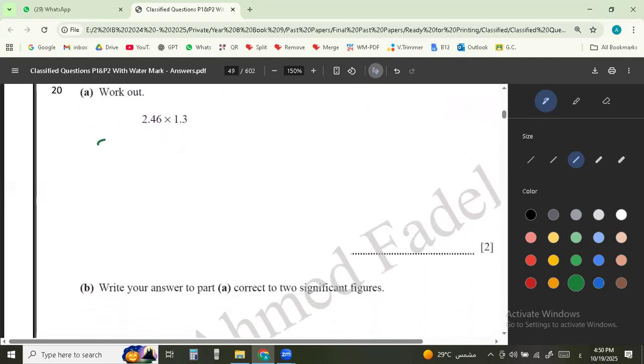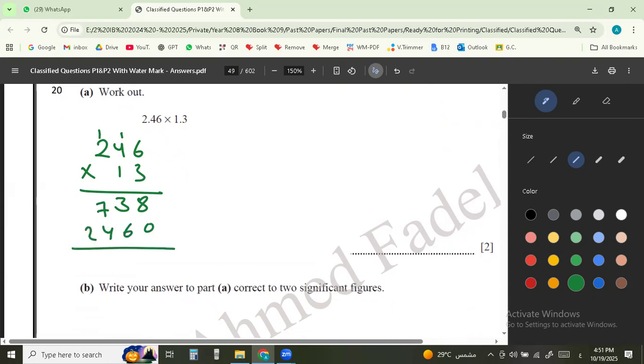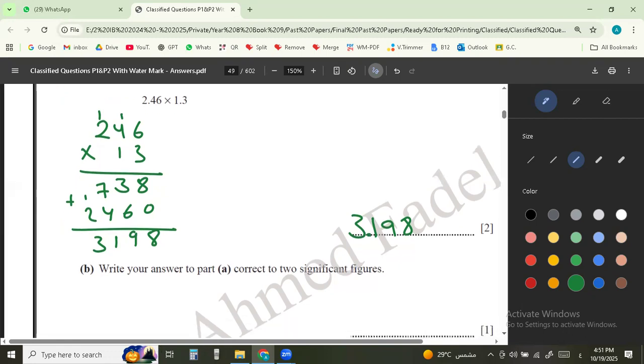Work this out. I'm going to do 246 times 13, it is going to give you exactly here. Put a 0, 6, 4, 2, add them up, 8, 9, 11. So it is 3198, but if you leave it this way, it's going to be wrong because I have 3 decimal places, so 3.198.